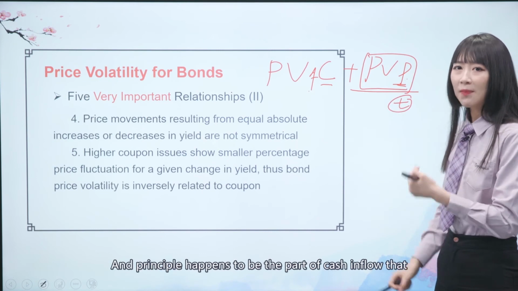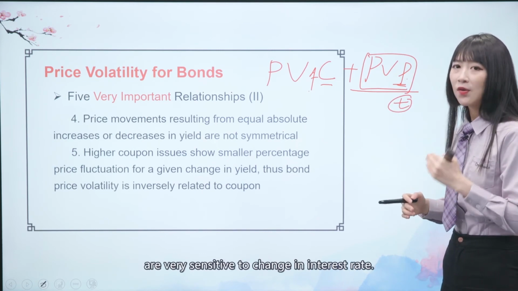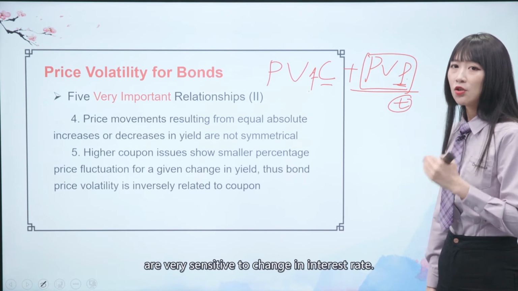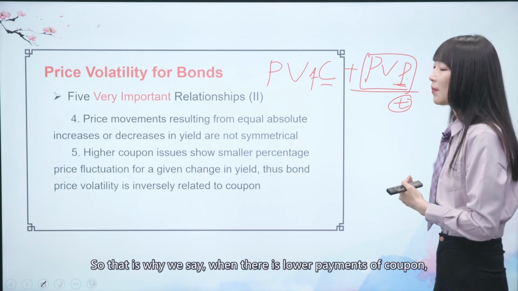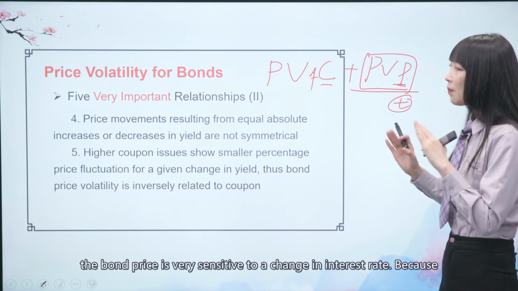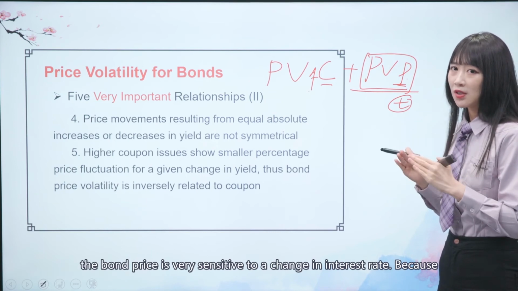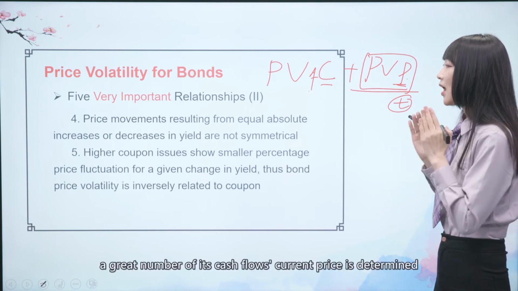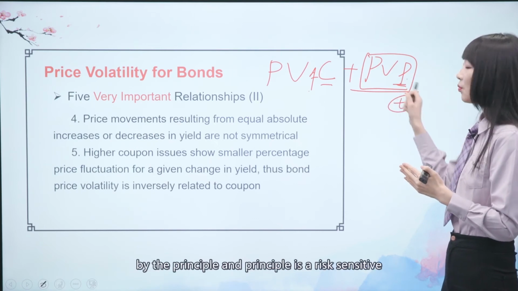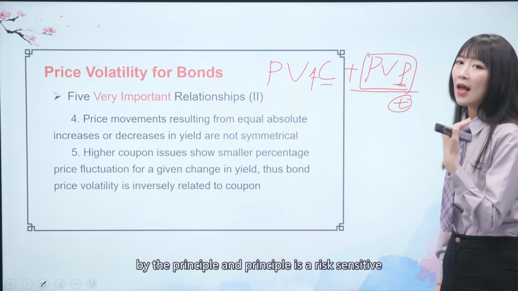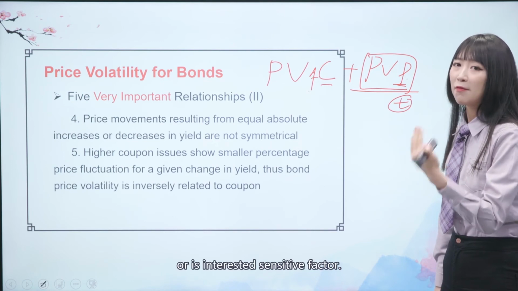And principal happens to be the part of cash inflow that is very sensitive to change in interest rate. So that is why we say when there are lower coupon payments, the bond price is very sensitive to a change in interest rate, because a great number of its cash flow's current price is determined by the principal, and principal is an interest rate sensitive factor.